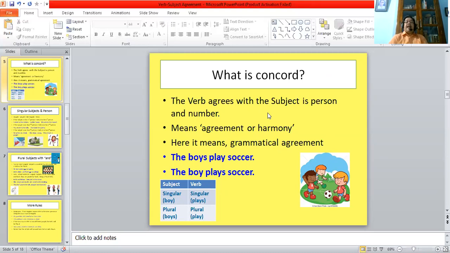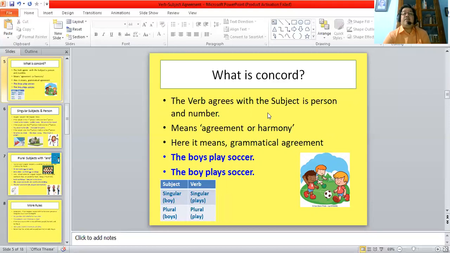So if we have a plural subject like boys, only then will we use a plural verb, a plural form of the verb like play. So the boy plays soccer, the boys play soccer. A singular verb takes a singular subject and plural verb takes a plural subject.